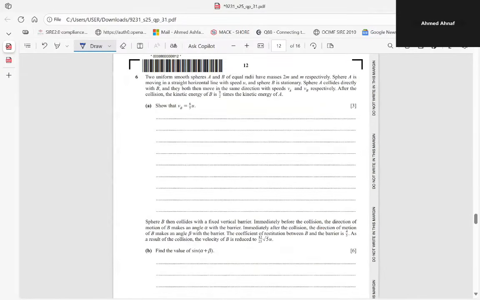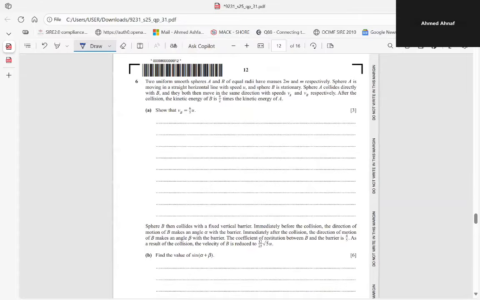Okay, so here we're told that two uniform smooth spheres, A and B, of equal radii have masses 2m and m respectively. Sphere A is moving in a straight horizontal line with speed u, and sphere B is stationary.